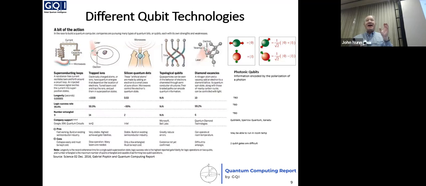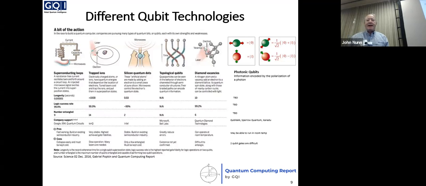You can take an ion and trap it, and you can measure that. You can take a single electron, and electrons have a property called spin, where you can have spin up and spin down to represent the 0 or 1. And again, if it's a superposition state, it's like it's in both at the same time, as well as other technologies.